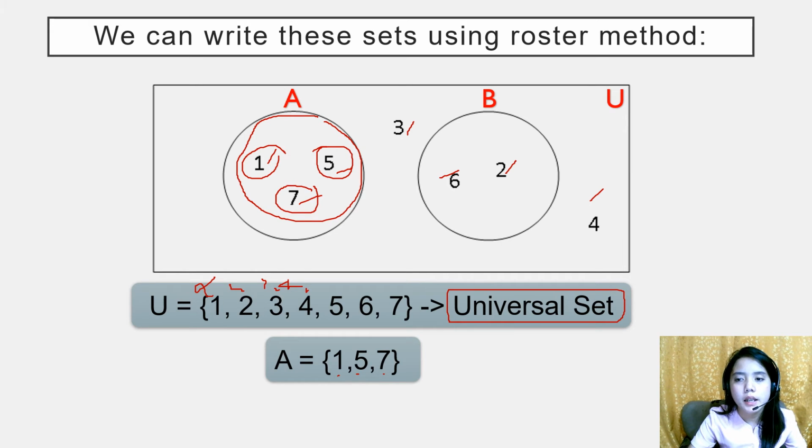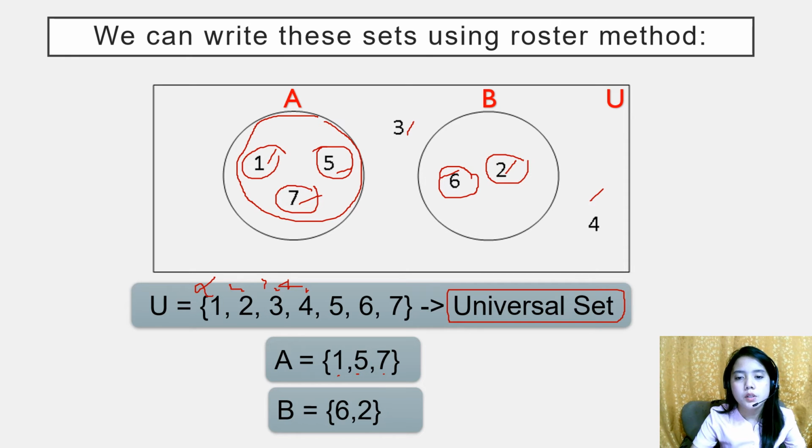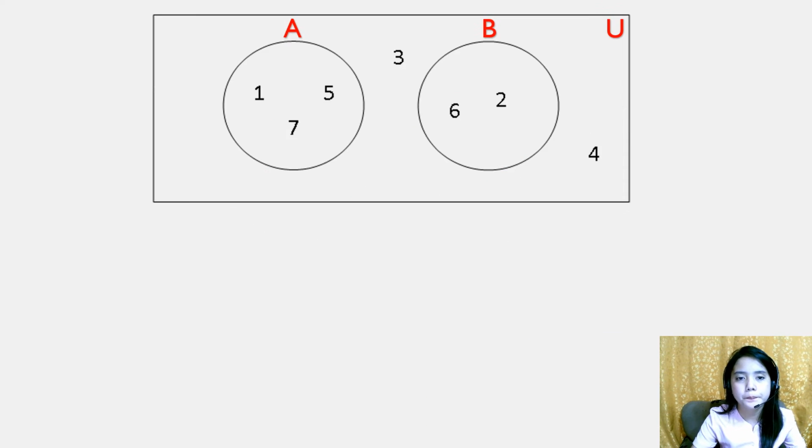Okay, next, let's have set B. B is a set with elements 6 and 2. Nga 6 and 2 lang man? Because ang nasa sulod is only 6 and 2. Okay, so I want you to take note of the universal set and these two sets here.